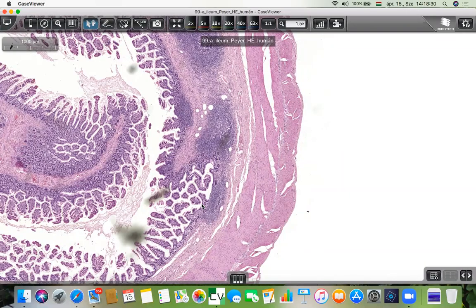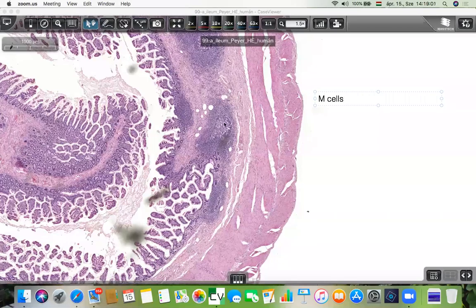These cells, the M cells, we cannot identify them; just immunohistochemistry can reveal their position. So the M cells are modified enterocytes, really close to the Peyer's patches.